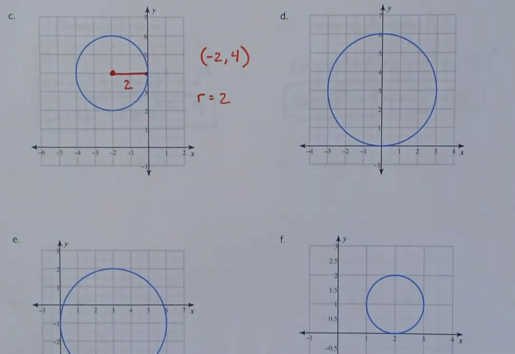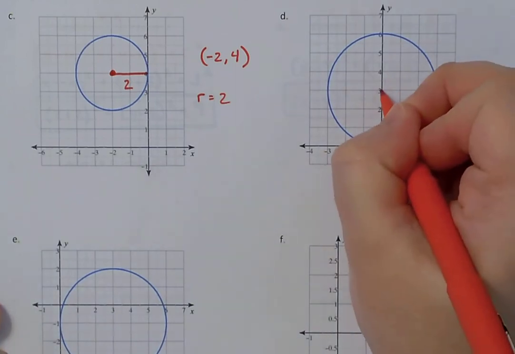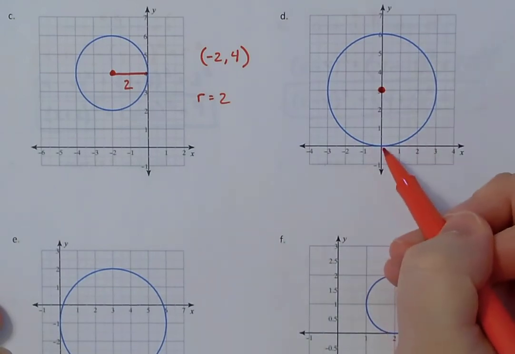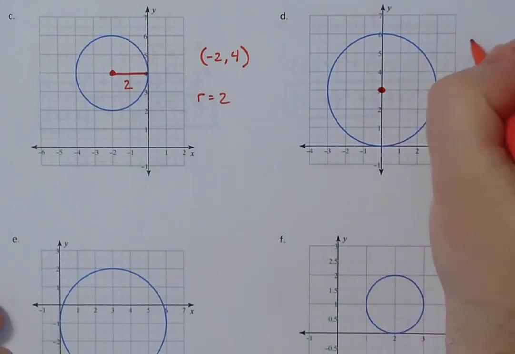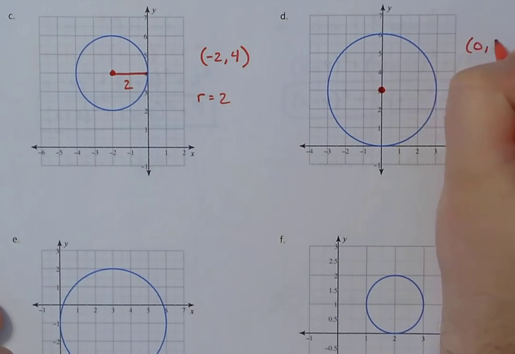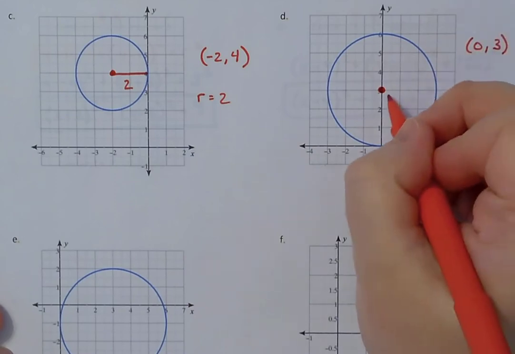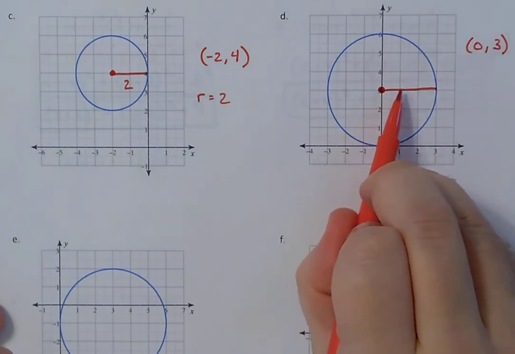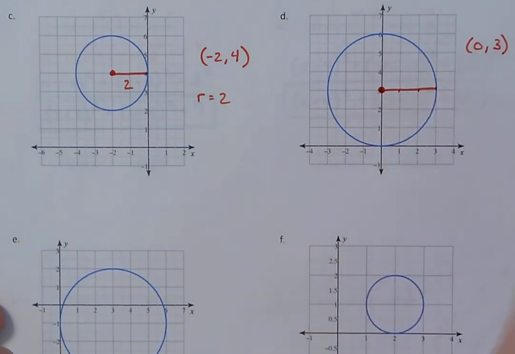Then for D, the center of our circle here is going to be right there, which is at (0, 3). And then to figure out our radius, it's going to be over 1, 2, 3.